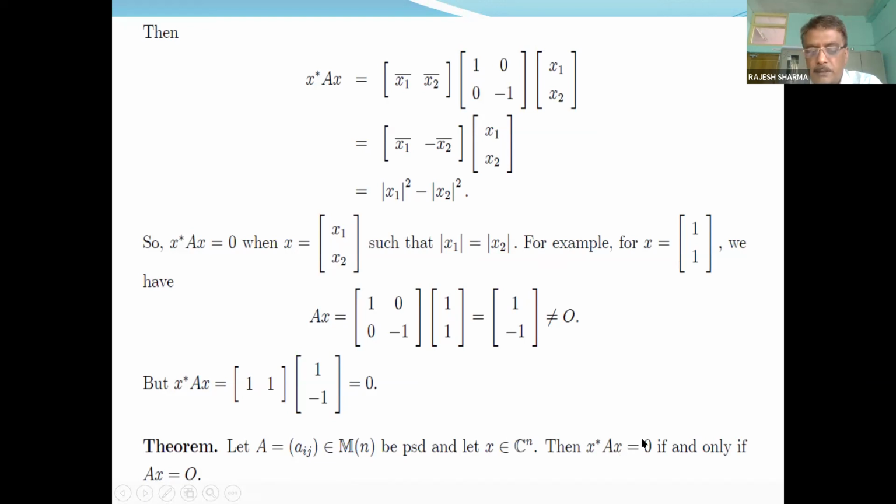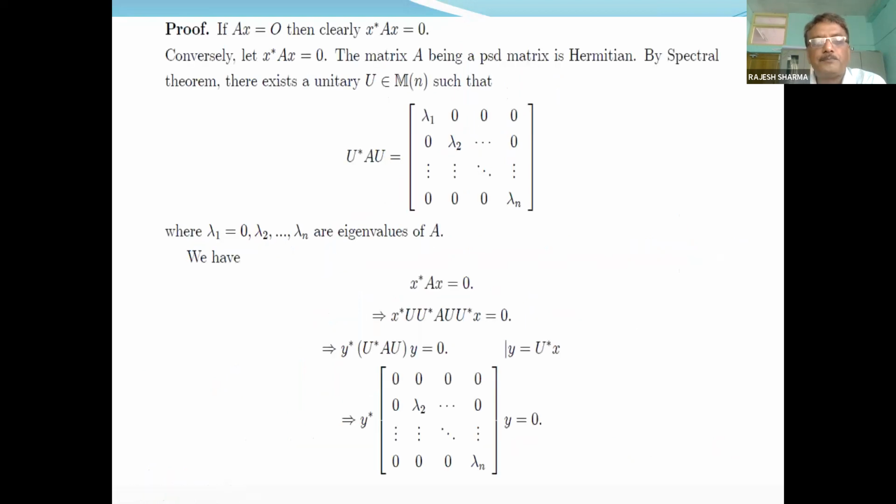In the exercise yesterday we showed that x star Ax is equal to the smallest or largest eigenvalue if and only if x is an eigenvector. So if A is positive semi-definite and x star Ax is equal to 0, this means x star Ax is equal to its smallest eigenvalue. Then x is an eigenvector, that is, Ax is equal to 0. Otherwise, we can directly prove this.